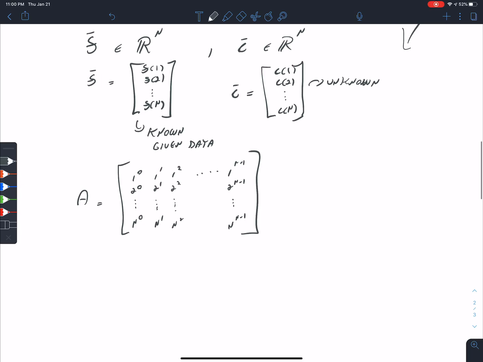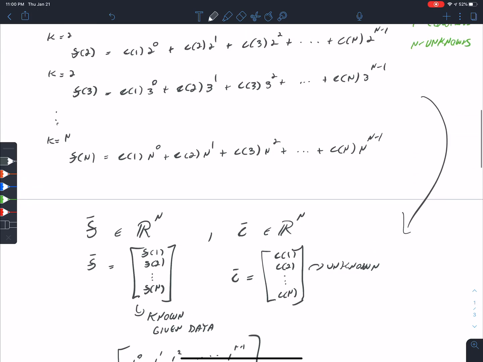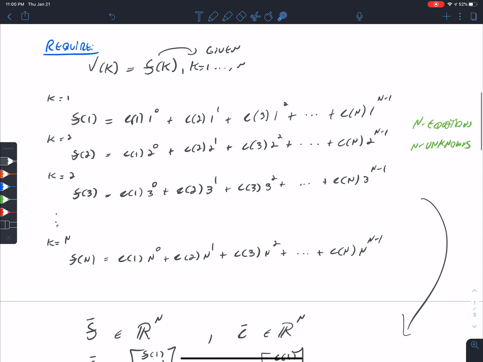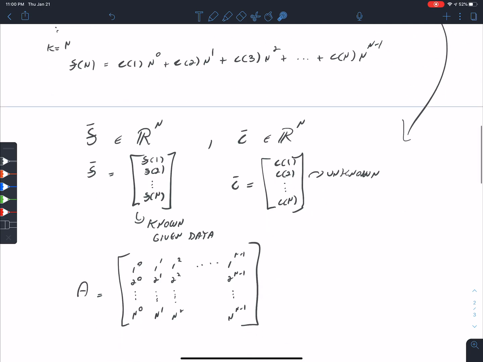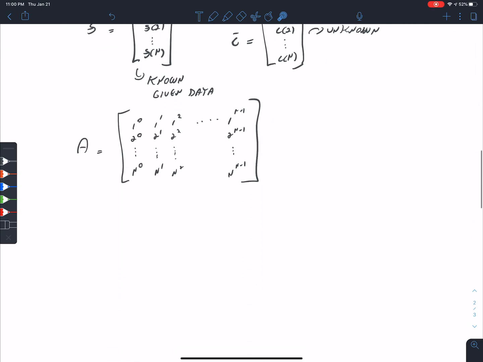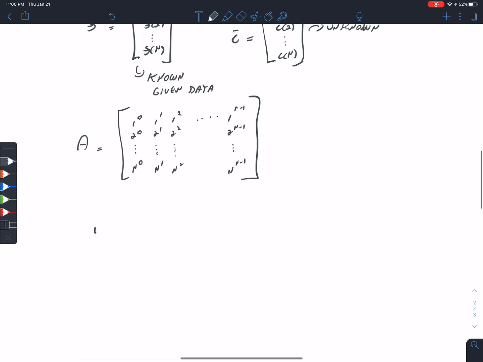So what do you know? In the end, we can now write this whole system of equations as a system of linear equations, where we have essentially a matrix A times vector c equals our vector f.